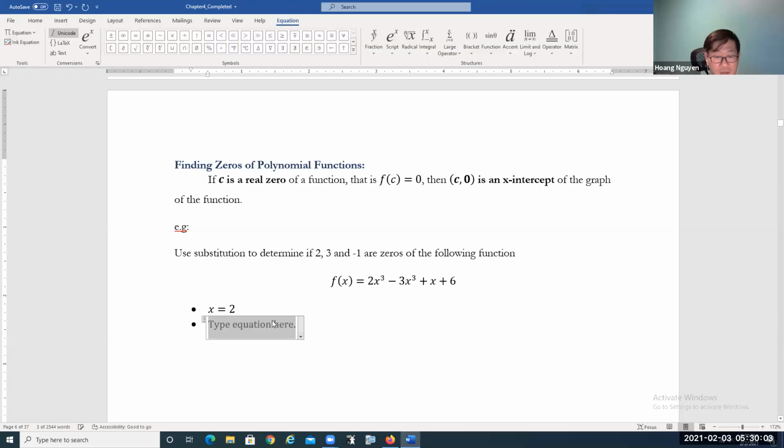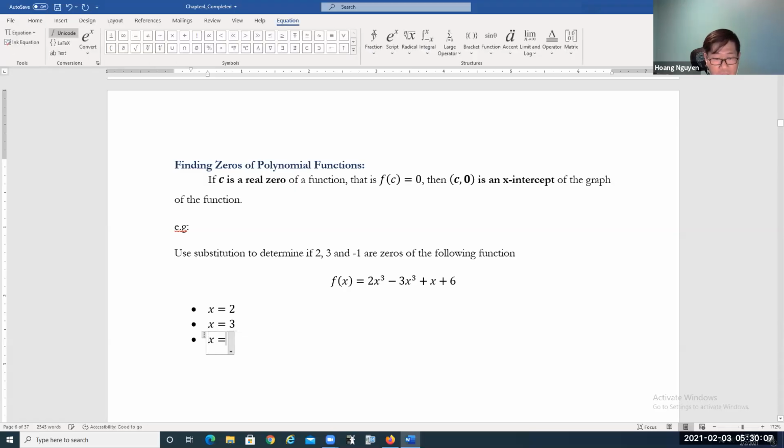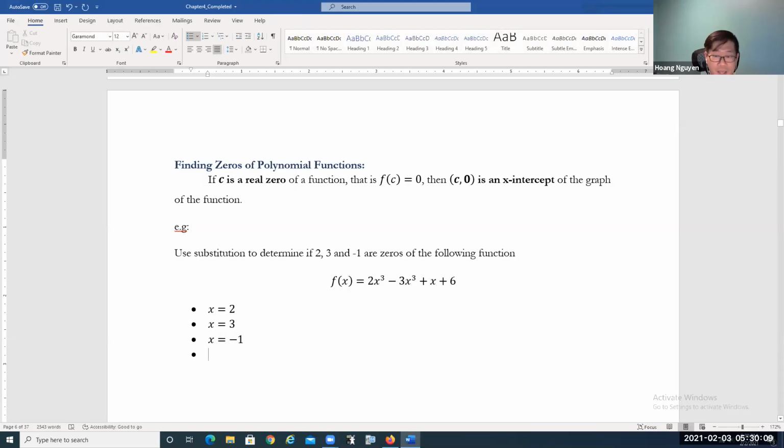Now, the second value is x equals 3. And now the third one is x equals -1. Okay. Now we're going to try the first two together and the third one is going to be yours.